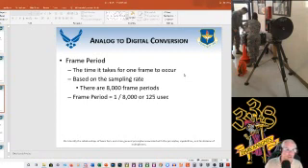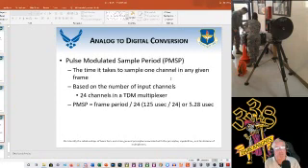When we get to the next one, the pulse modulated sample period, here's your 24 channels. I want to know how much time is in here for that one channel. In this case, we have 24 channels. We divide the frame period, which was 125 microseconds, by 24, and we come up with 5.28 microseconds.